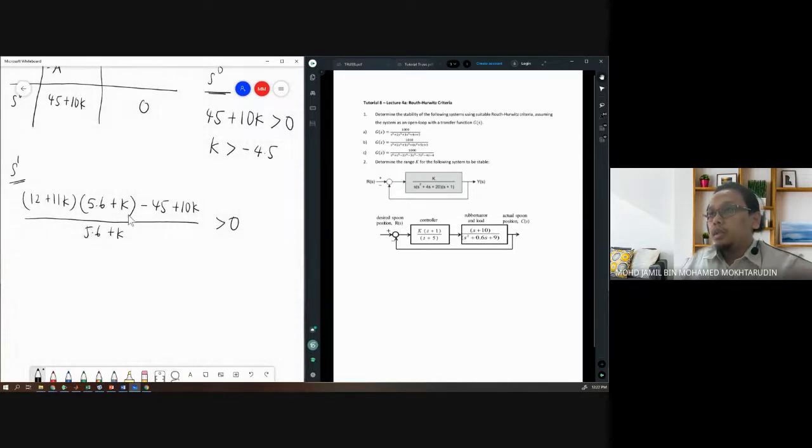So this can be expanded. We need to use the calculator.